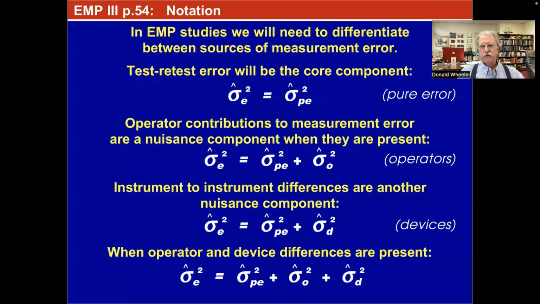Call it sigma squared sub D for devices. And if you had both operator and device differences present, your measurement error might consist of pure error plus operator plus device components. So that's the notation we'll be using in what follows.